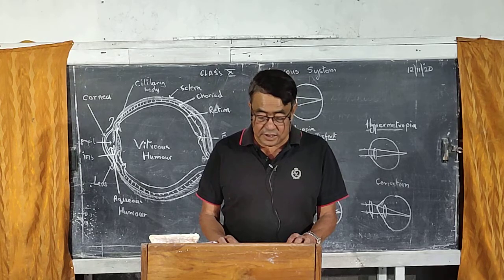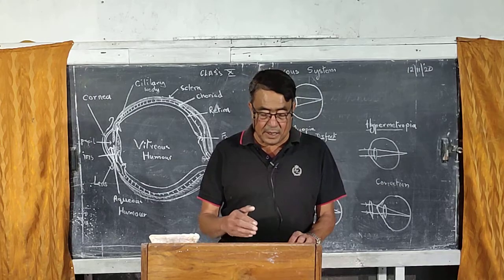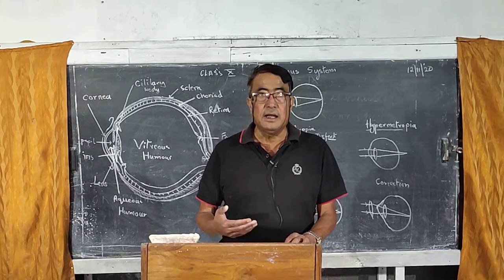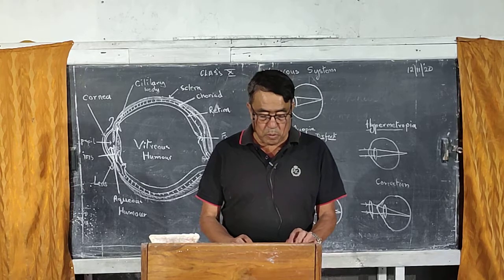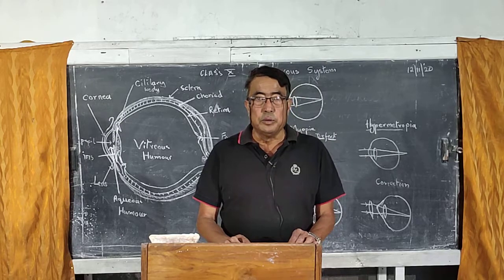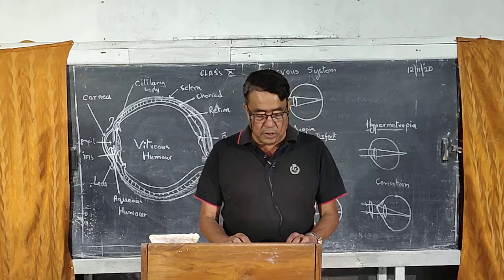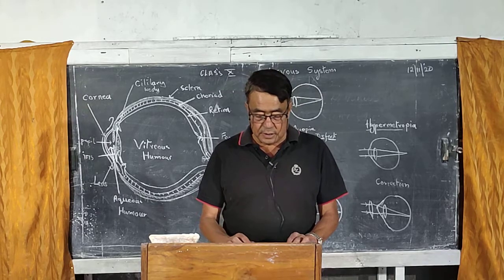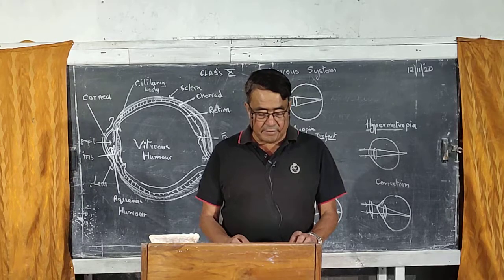The somatic nervous system conveys information to the skeletal muscles. Skeletal muscle means the muscles which are attached to the bones. The autonomic nervous system includes nerves which control the involuntary actions of internal organs like the heart and glands.